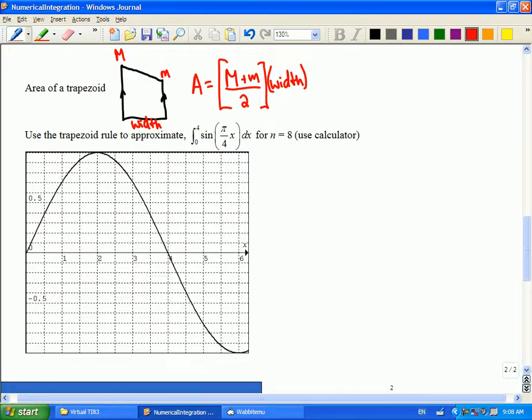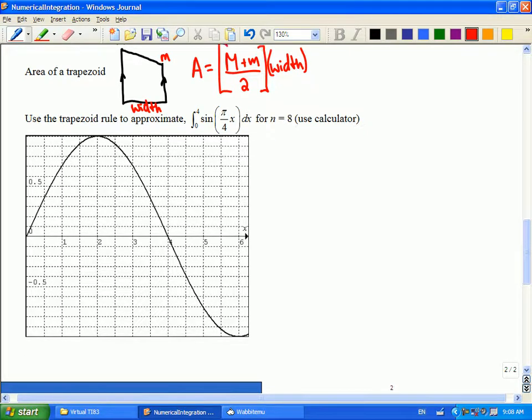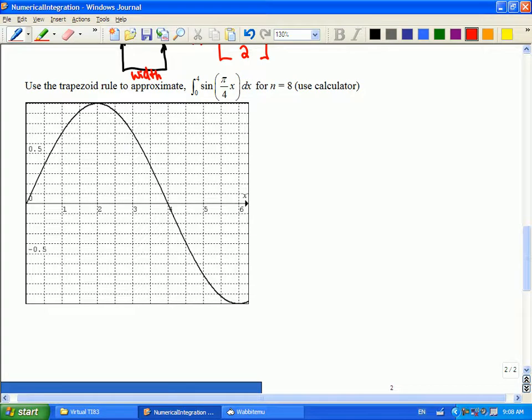Okay, so we're going to definitely use the calculator on this. I have another curve for you. This is one that we can actually find and compare its accuracy, but we're going to do this for 8. So from 0 to 4, and we're going to use 8 rectangles, how wide is each one?